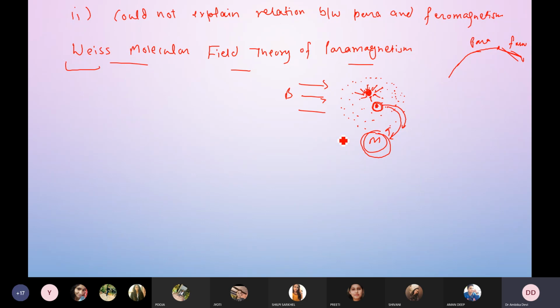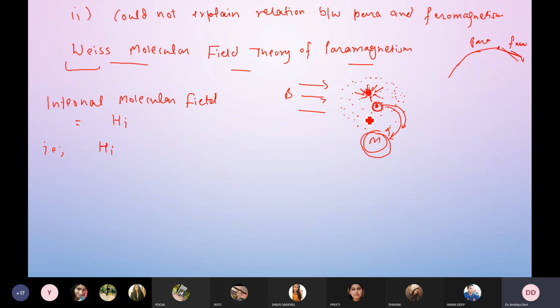Okay, so let us assume that the internal molecular field is represented by Hi.